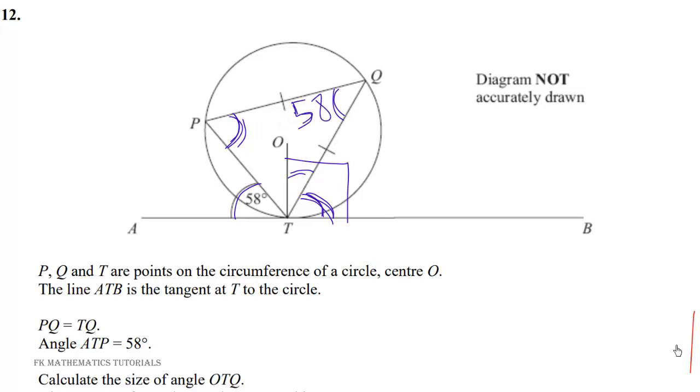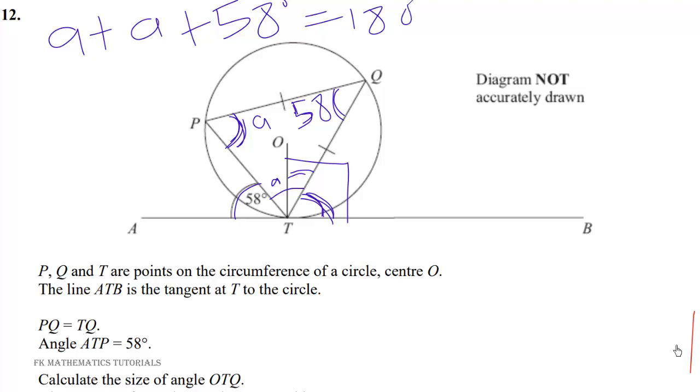So since this is 58, we can find the sum of these two angles. Let me call this A, and this will also be A. So A plus A plus 58 should be equal to 180 degrees.